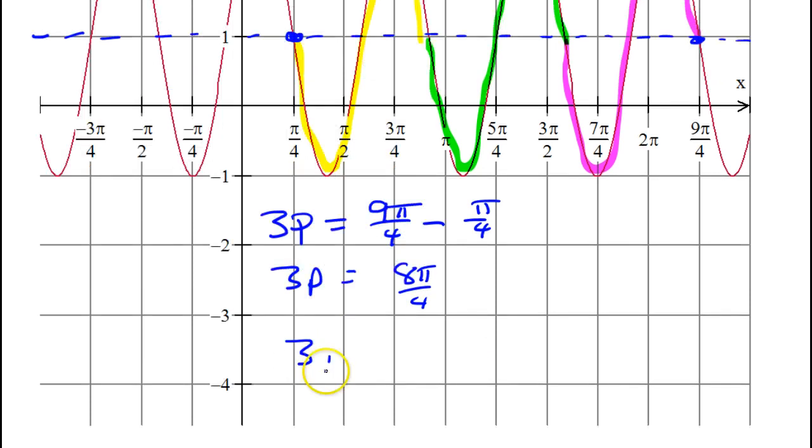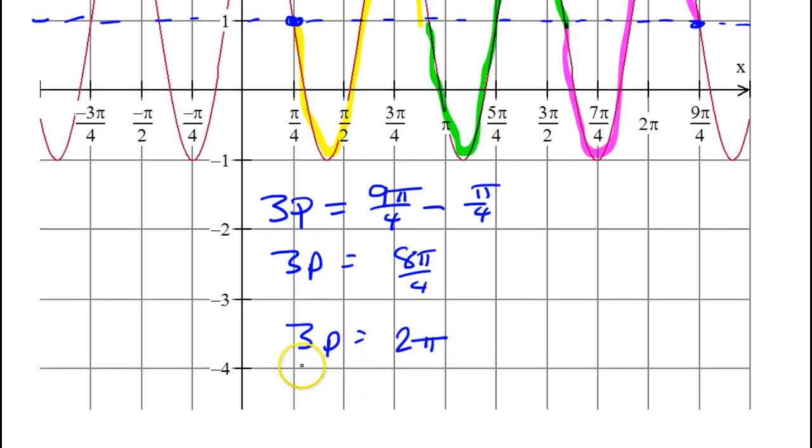So that means 3 periods of this function should be 2 pi. So that means 1 period of this function would be what I get if I divided both sides by 3. Alright, so 1 period of this function is going to be 2 pi over 3.